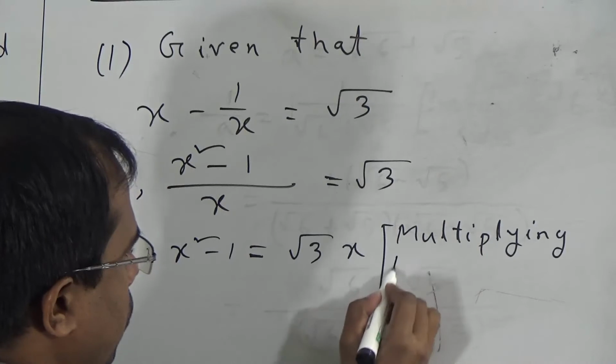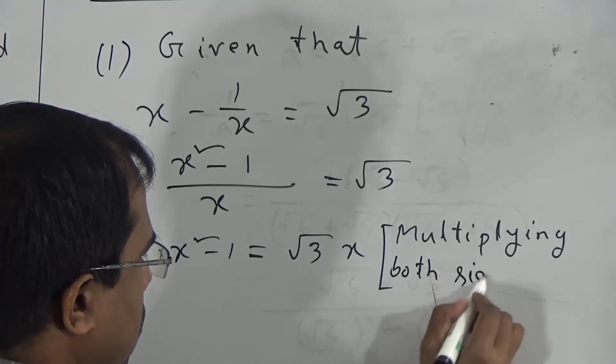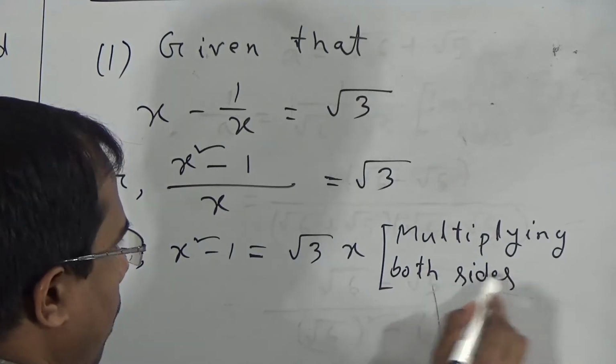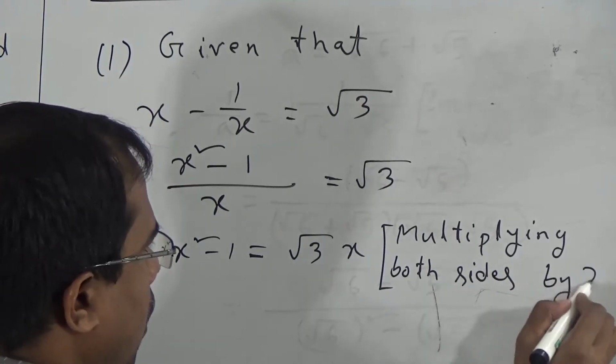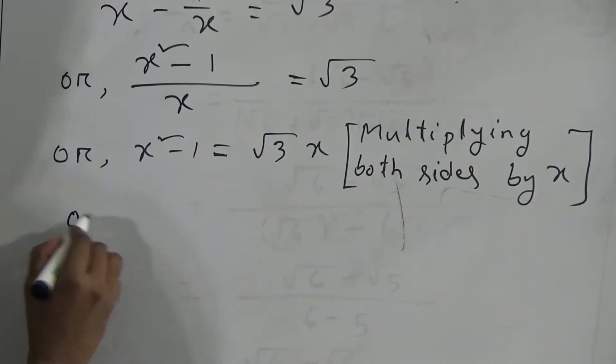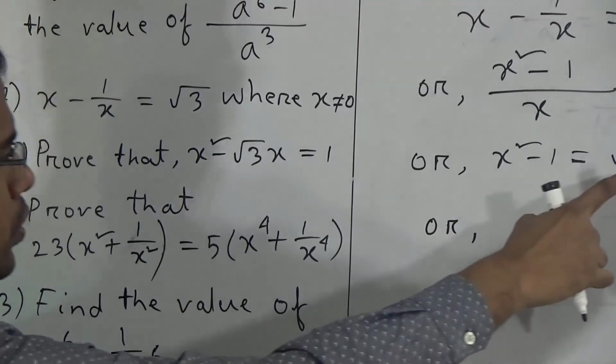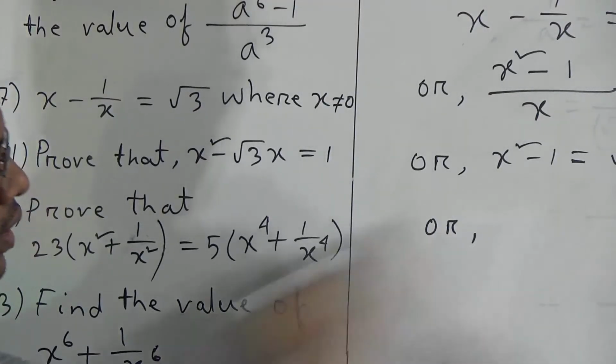Multiplying both sides by x, we have to find out the value of x square minus root 3x. So we have to bring root 3x in left side.